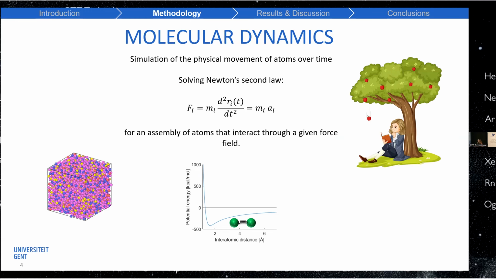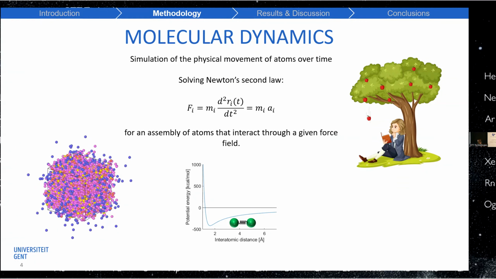So this graph we already saw by Moritz, but I am really much interested in how this force field works, because that force field allows us to calculate the forces between the atoms that dictate how they move throughout the system.